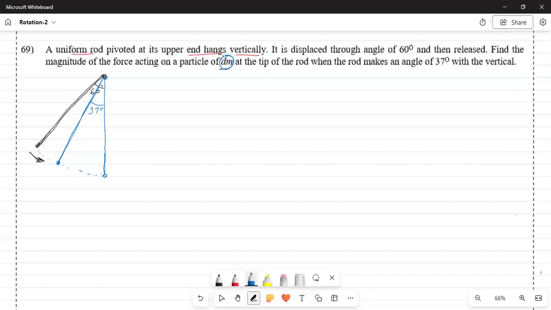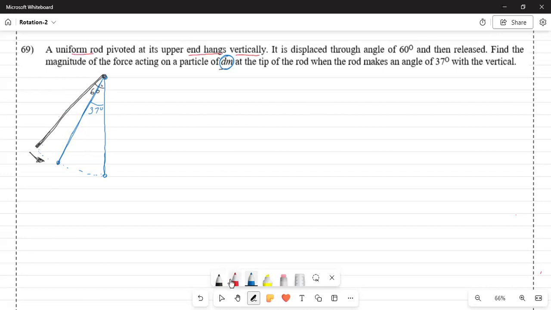There is no additional particle attached to the end of the rod. If there were an additional particle attached, then its mass and the mass of the scale, everything would have to be calculated. But it's an imaginary particle dm at the end of the rod. Practically, we have to find out the force acting at the end.